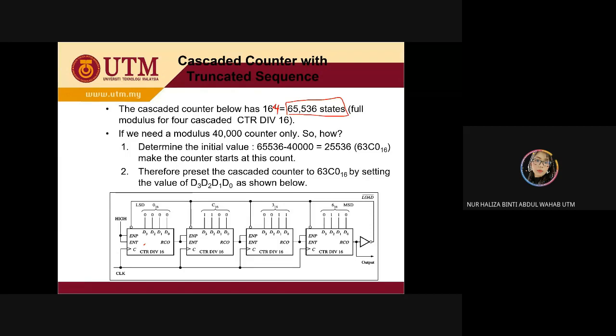So if you need a modulus 40,000 counter only, how are you going to get it? You deduct 40,000 from the full count, and from this deduction you get your input data. But this is in decimal, and you need to convert it to hexadecimal.